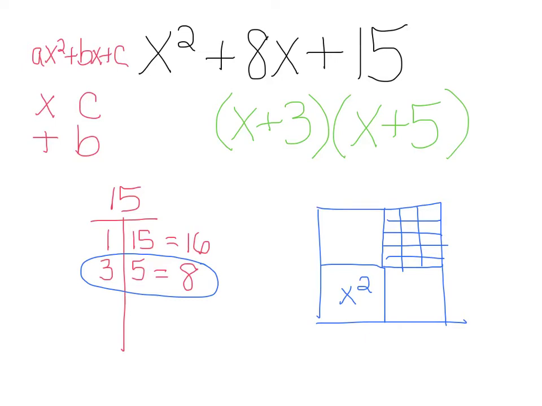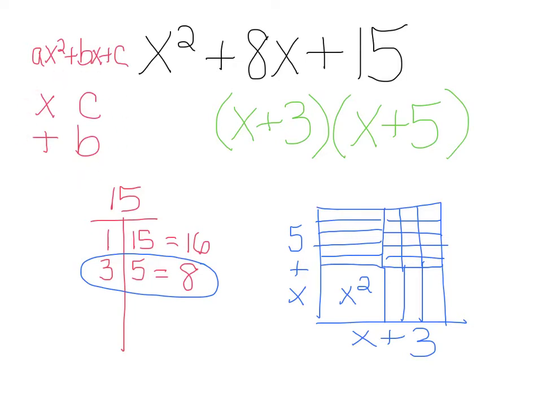So I'm going to have 5 x's on one side, and I'm going to have 3 x's on this side. These are the dimensions of my box, well, it's not a square, it's a rectangle, and that's my factors of x squared plus 8x plus 15. So remember, we looked at what multiplied to c but added to b.